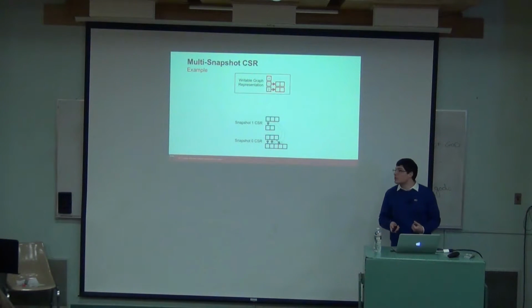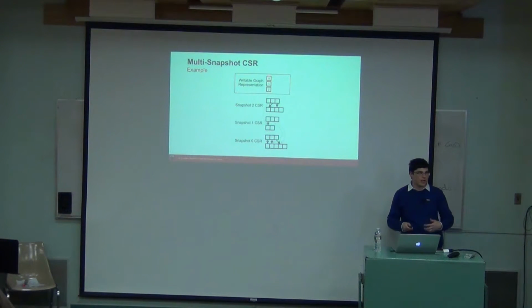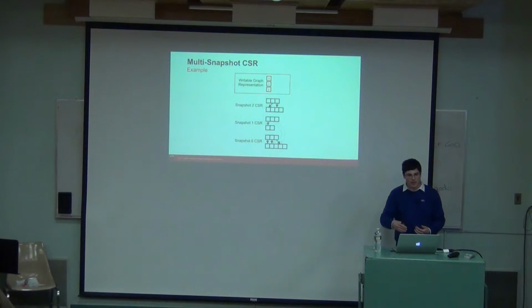Now let's say you get 4 more edges, 2 to vertex 1, 2 to vertex 2, and at some point you create another snapshot, you move the edges, and you create another version of the vertex table. So instead of modifying a CSR directly, you create another snapshot, and together with the other CSRs, it will contain the whole graph at a given time.